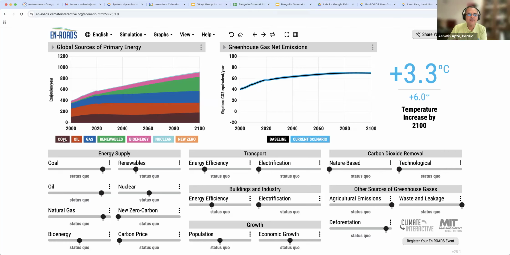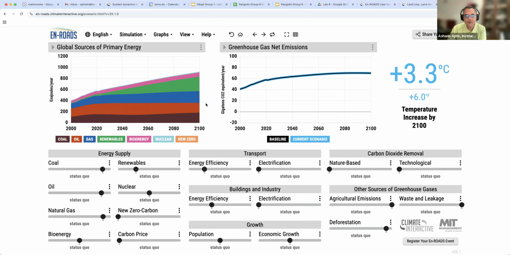We have coal down here at the bottom, and you'll notice that coal has flattened out for now, but it looks like it's going to increase a little bit towards the end of the century. We have oil up here as well, and again, there's a good solid wedge and it doesn't look like it's going to reduce by much by the end of the century. Same with natural gas. In fact, natural gas might even end up increasing a little bit towards the end of the century. Again, all of these are plausible scenarios based on what is out there right now.